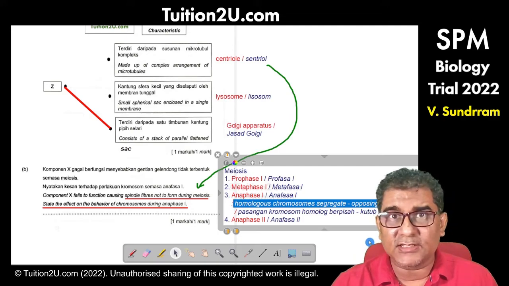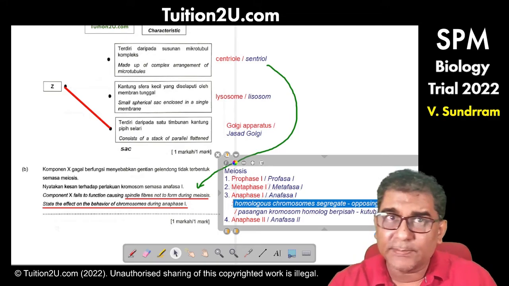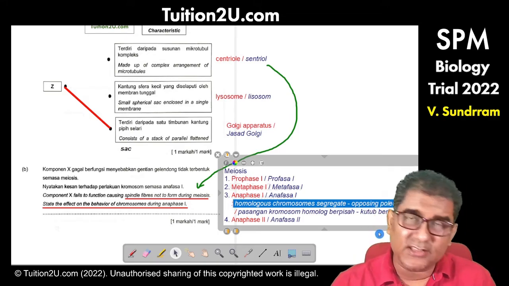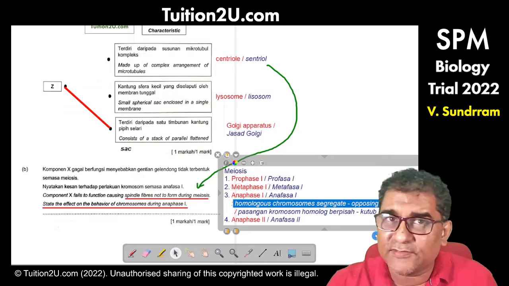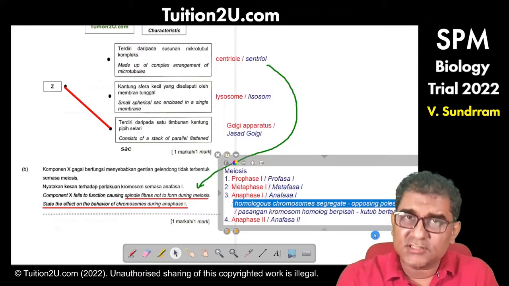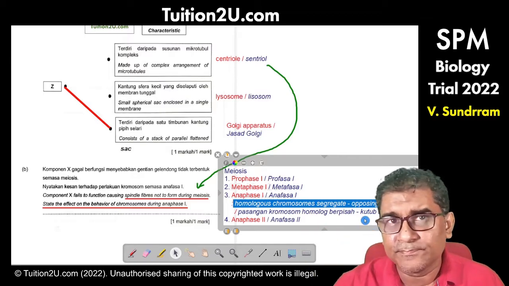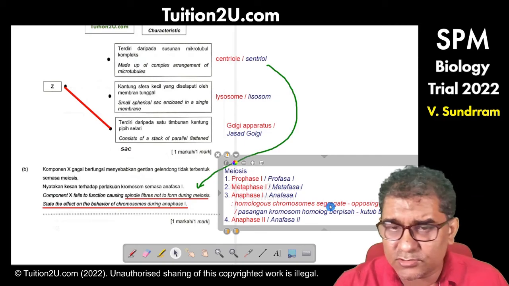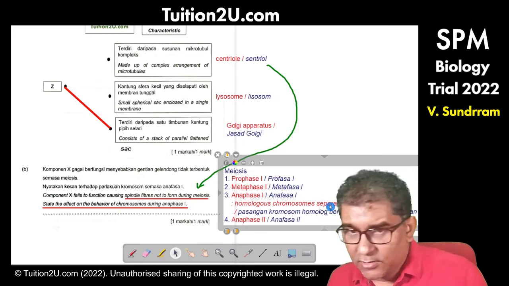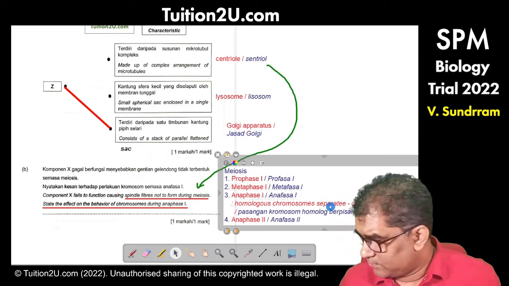This is what you learn in class. Now the spindle fibers are not functioning. If the centriole doesn't function, spindle fiber doesn't function. The homologous chromosome pairs cannot segregate, cannot separate. You can just use the word separate. Cannot separate to opposing poles.